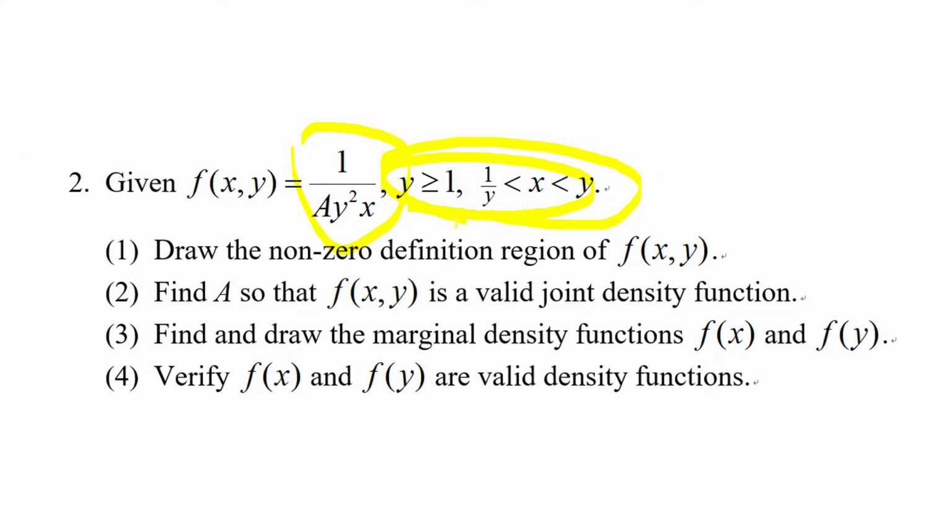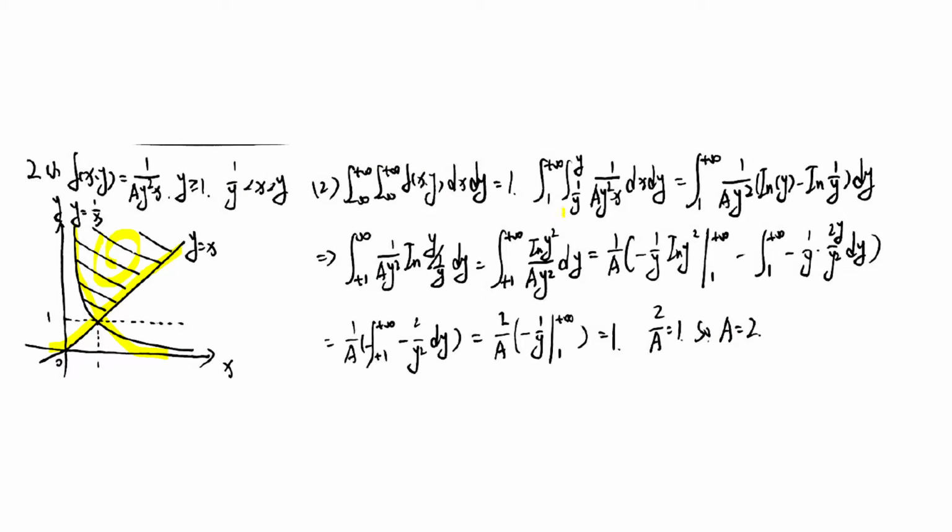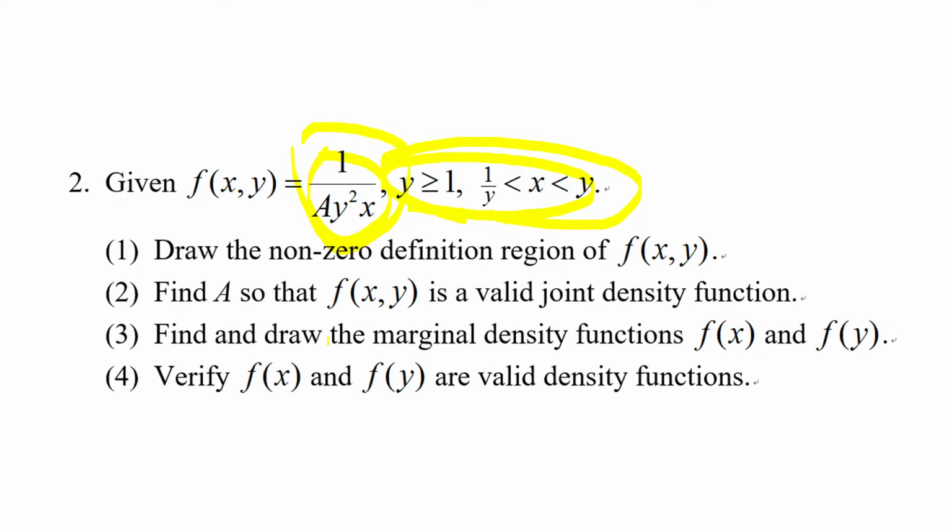So in order to find the value of A, we just need to integrate f(x,y) from negative infinity to positive infinity, and make this equation equal to 1, and then we can solve what the value of A is. After my integration, we can find that A equal to 2 here. So when A equal to 2, f(x,y) is a valid joint density function.